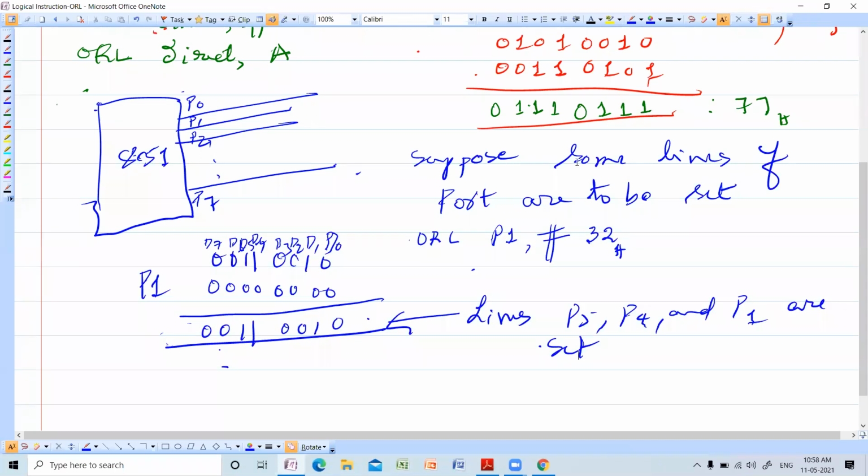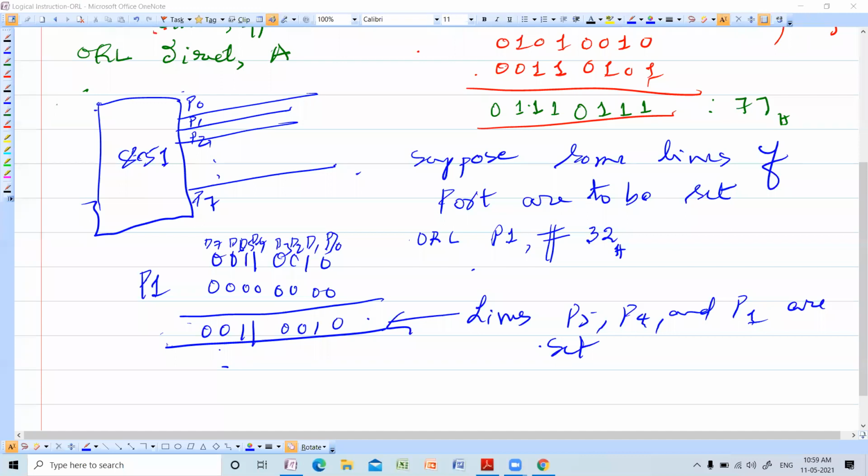Have you understood? Whether all of you have understood this OR operation? Please ping back quickly. Have you understood the application of the OR operation? All of you please ping back. I'll be seeing the same names always.